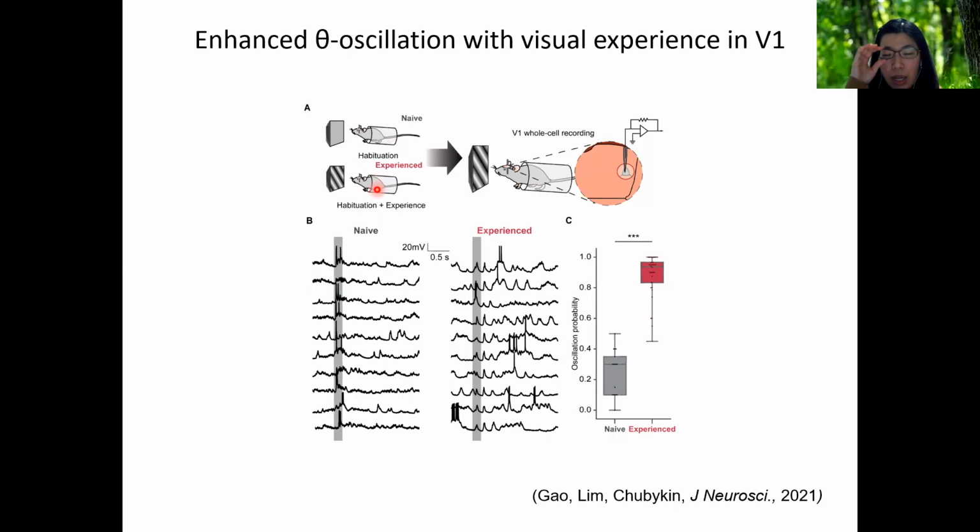Okay. And then the experimental group at Purdue University found a pronounced oscillation for the experienced group, which was trained with this sinusoidal grating, especially in the low frequency range.